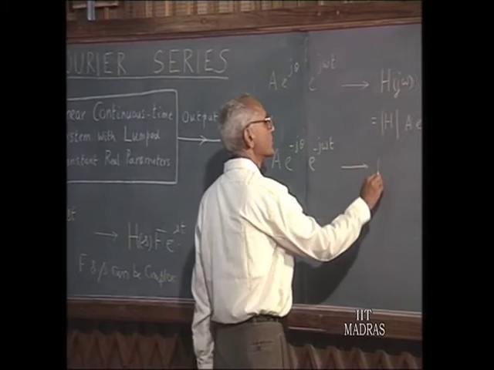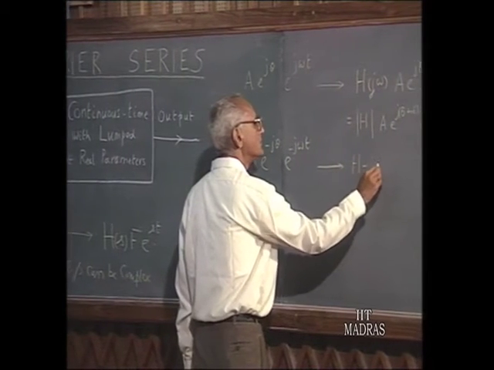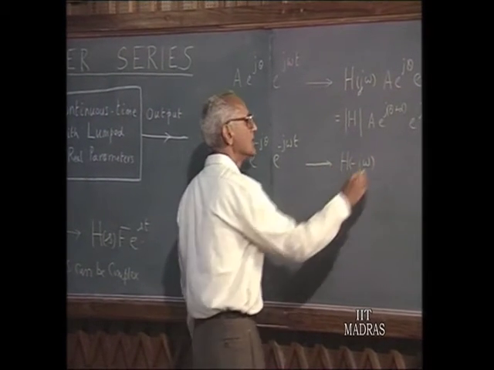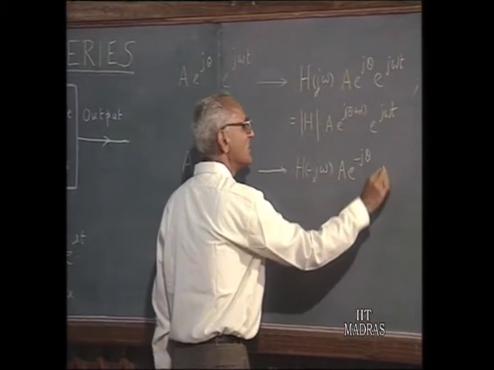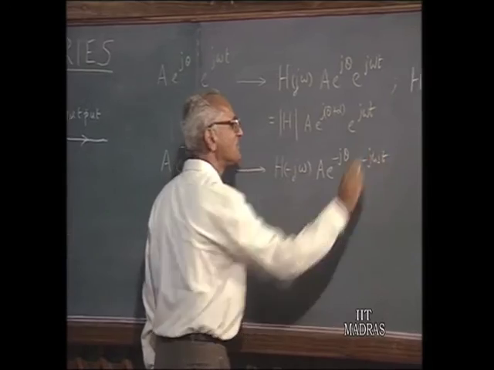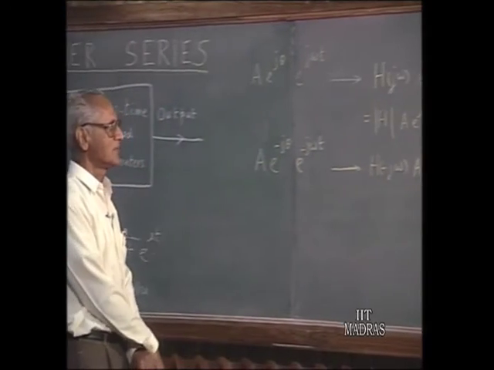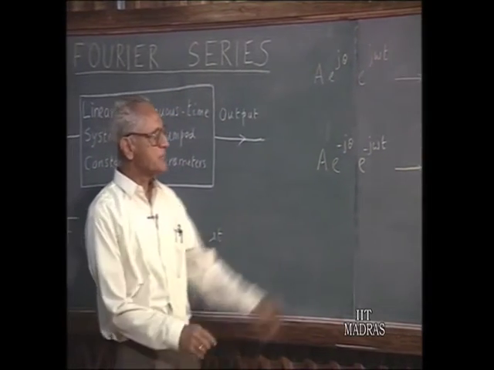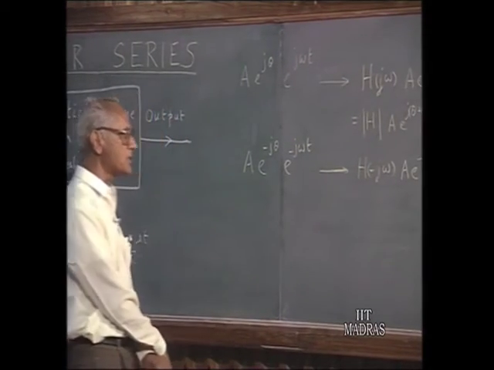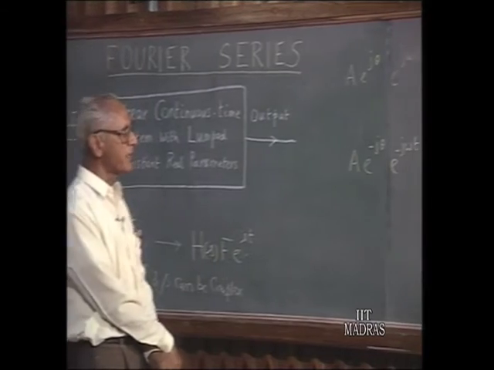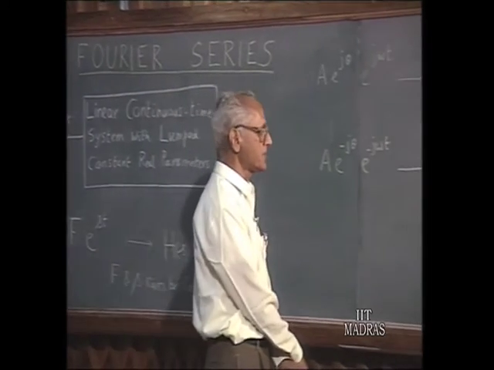Naturally, this will give rise to h of minus j omega times a e to the power of minus j theta e to the power of minus j omega t. So the difference between this one and this here: instead of plus j omega you have minus j omega, and instead of theta I have taken minus theta.